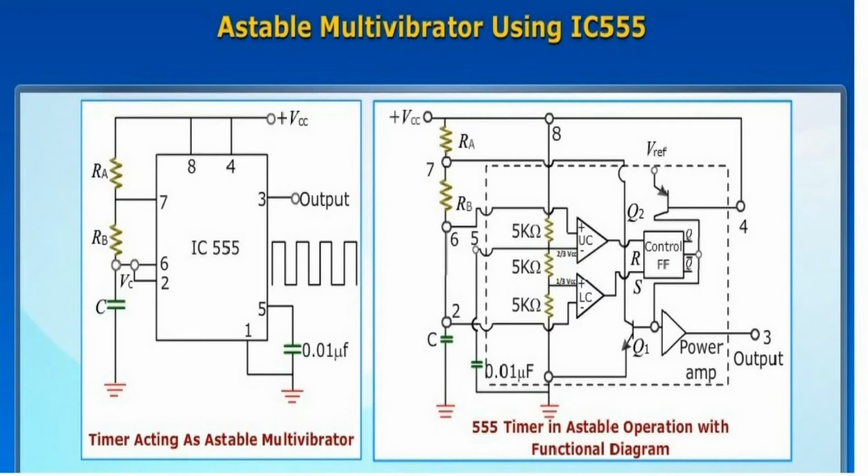At the same time, the capacitor C starts charging towards VCC through the path of resistor RA and resistor RB. The voltage across the capacitor continuously increases. At one stage, the voltage across the capacitor becomes just greater than 2/3 VCC, which is fed to the non-inverting terminal of the upper comparator.